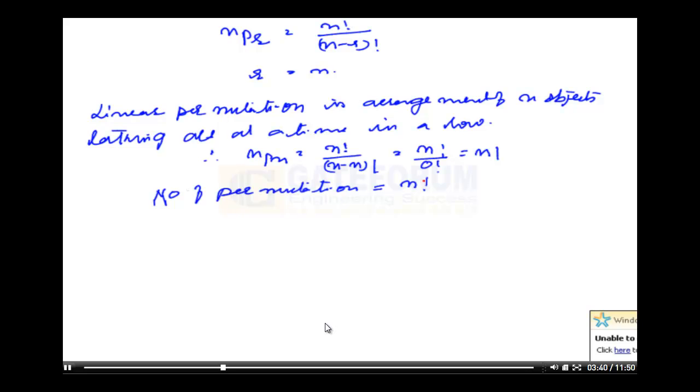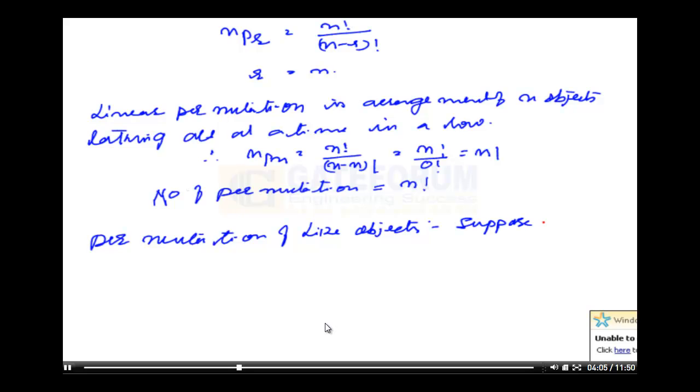Now we take one more permutation, circular permutation, or okay, before that I take permutation of like objects.